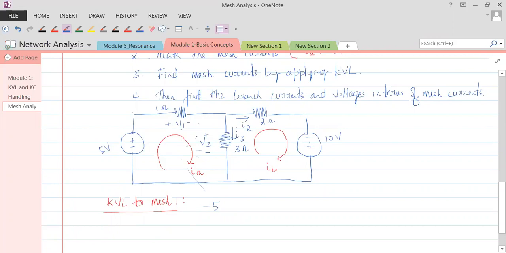So how to do that? See here, I should write plus 1 IA. Is everybody okay with this? This is minus 5, and this is plus 1 IA because mesh current IA is flowing through this.